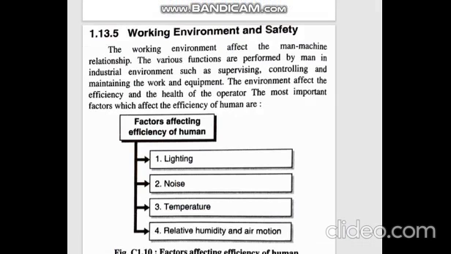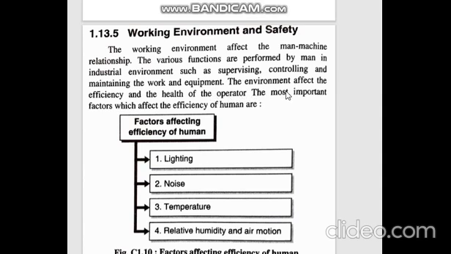Okay, now let us come to working environment and safety. You see, where man is working, the environment affects his working. And there are various functions which are performed by man in the industry, like he may be supervising, he may be controlling, he may be doing the maintenance work, and he may be repairing the equipment and other things, or he may be working on the equipment.